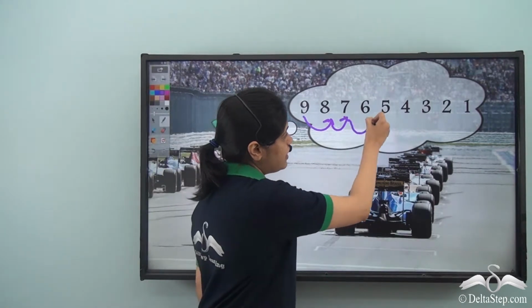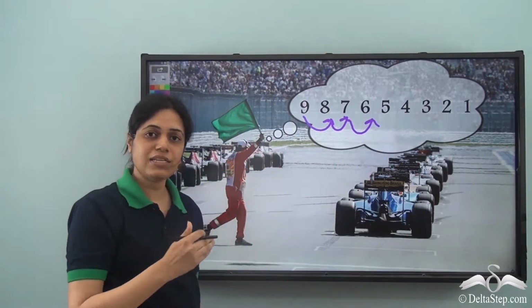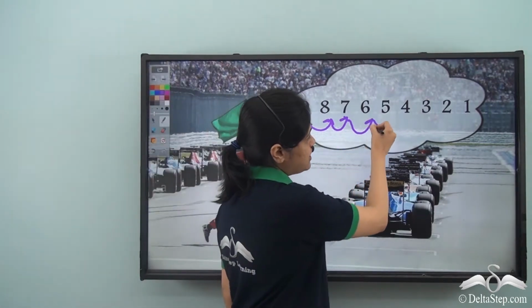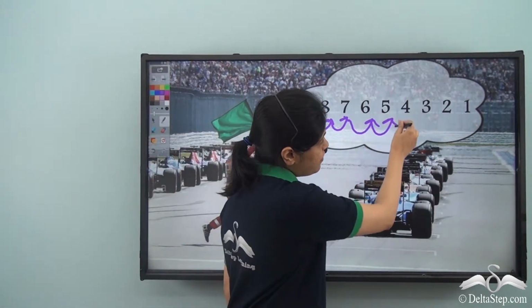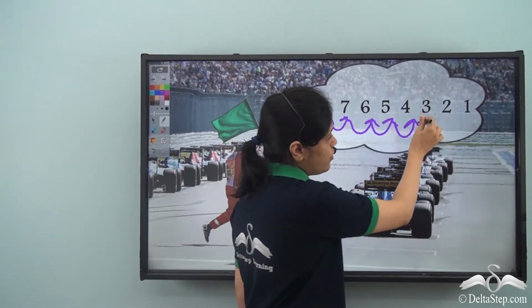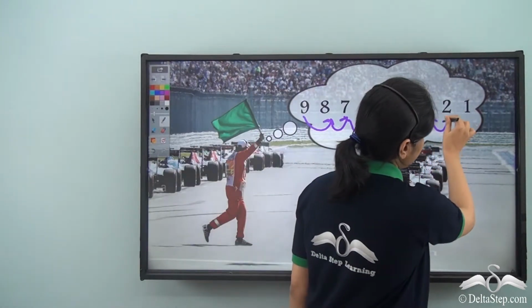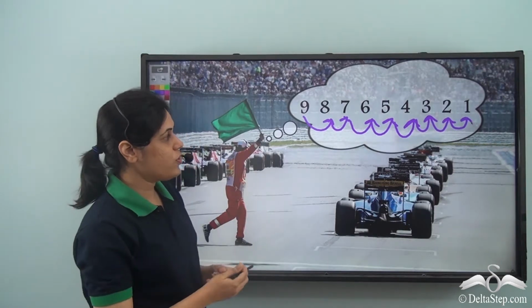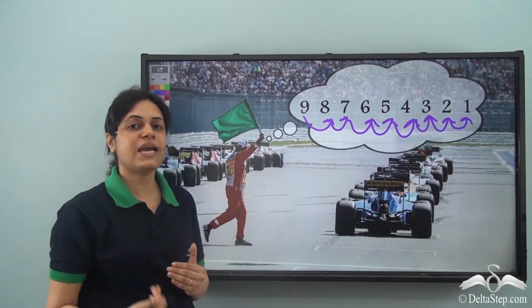Again from 7, he's moving to 6. That is one step backward. From 6 to 5, 5 to 4, from 4 to 3, from 3 to 2, from 2 to 1. Right? So he's moving one step back.